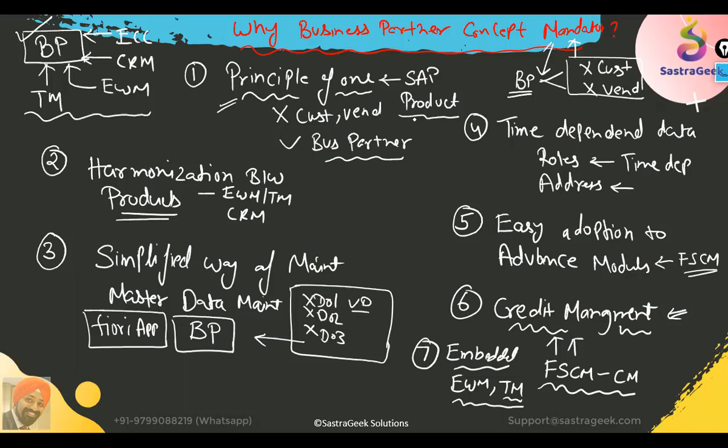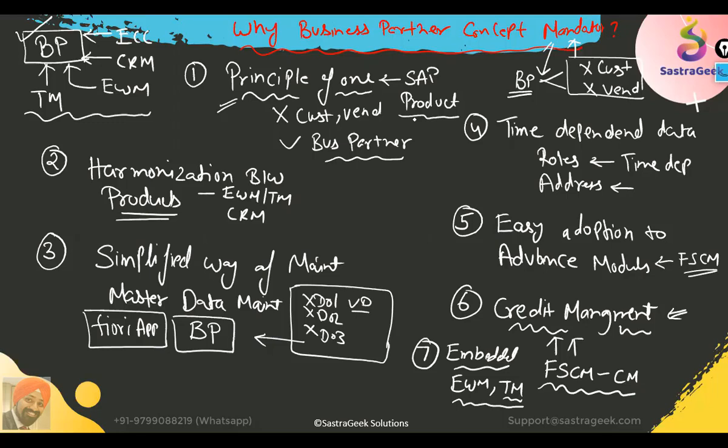And one more thing, on the final part, when you said easy adoption of FSCM, and that we are completely doing away with sales credit management. So, SD credit management is also one of our topics. We'll be discussing it as part of simplification.